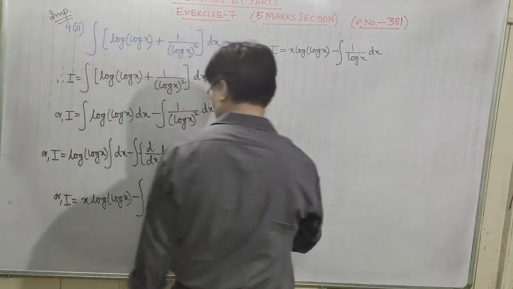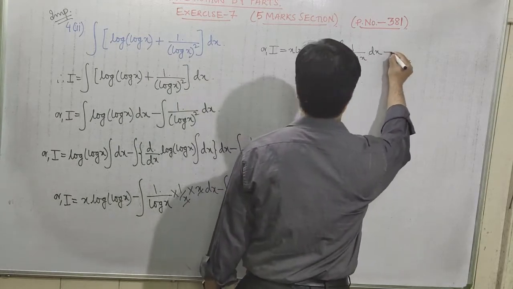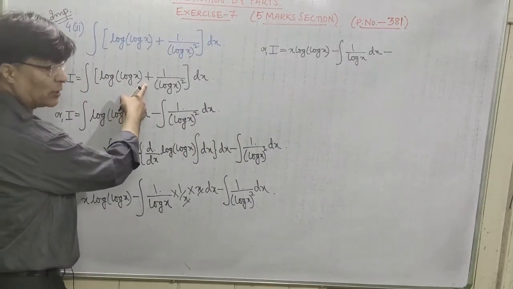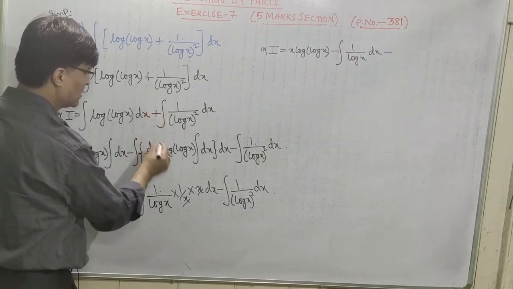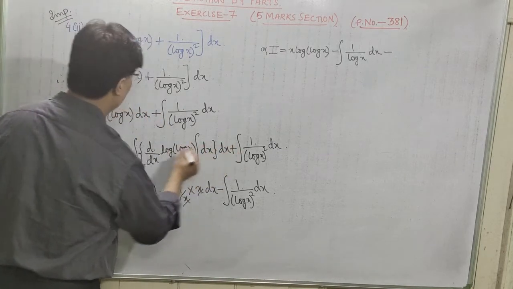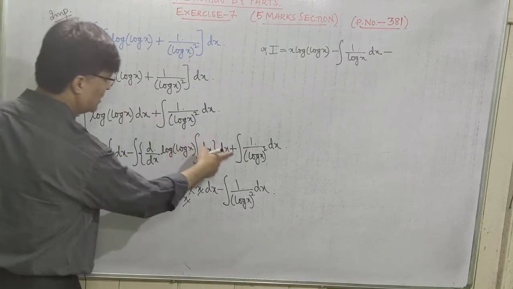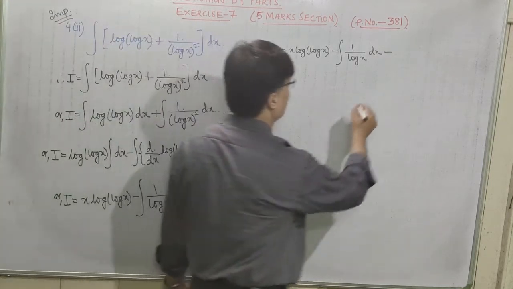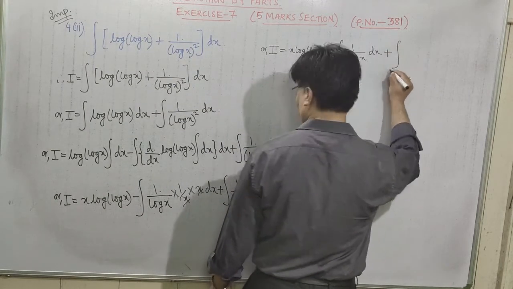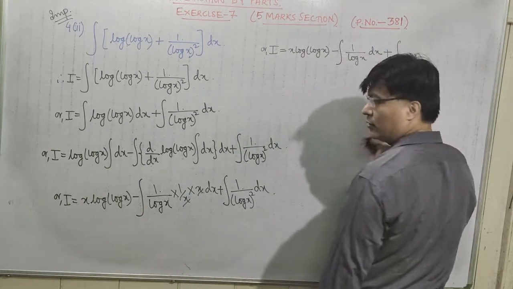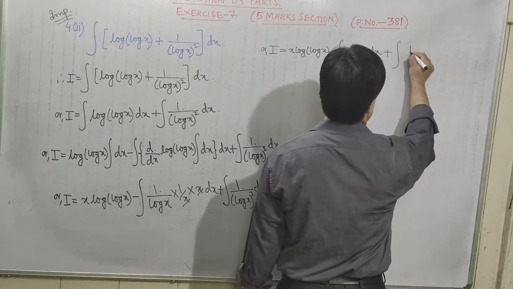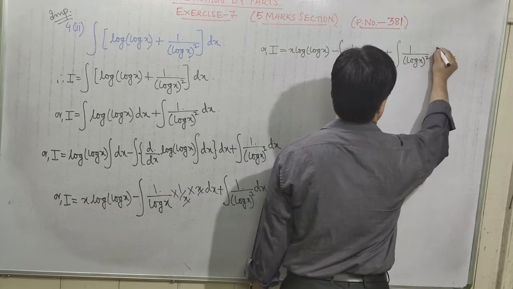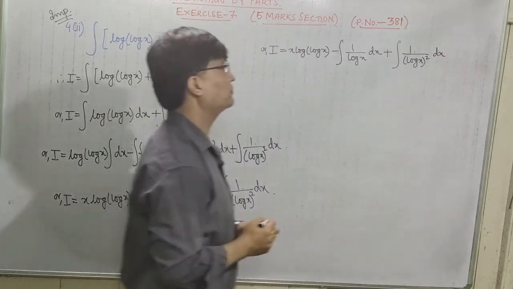This should be plus, sorry, this is a plus sign, and this is also a plus sign. So it is plus the integration of 1 upon (log x) whole square dx.